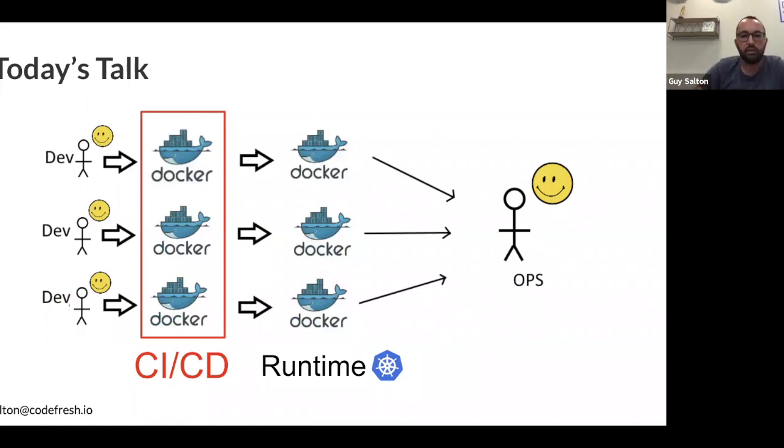So if before, once the operators started getting those Docker images to deploy, they didn't have to care about what technology is running inside those Docker images, for the developers, Dockerizing the build tools makes it easy, and we'll see exactly why right now.